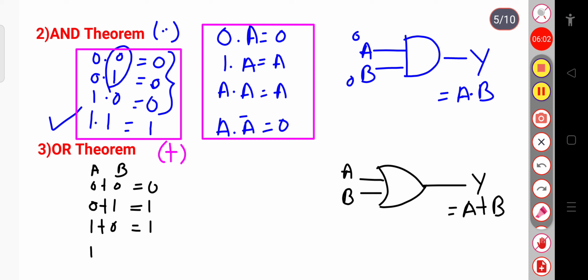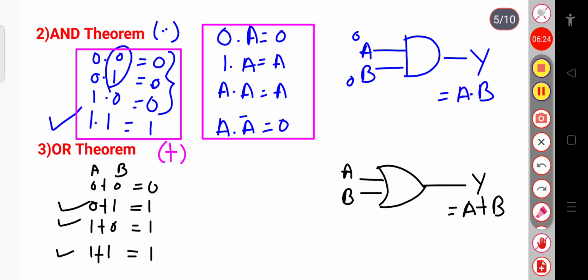If both are in the on state, 1 plus 1 also gives 1. So in the OR gate operation, you can see that whether a single input is high or both inputs remain high, you will get the output terminal high.